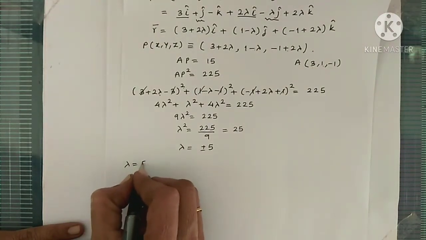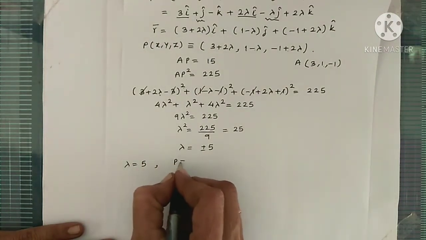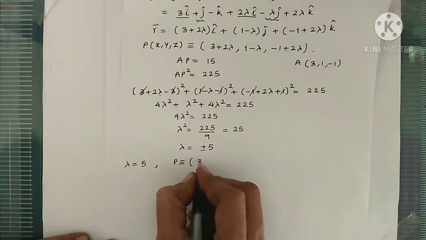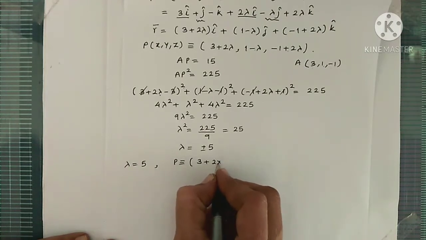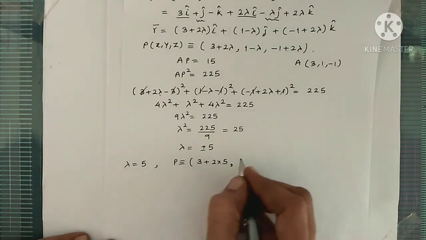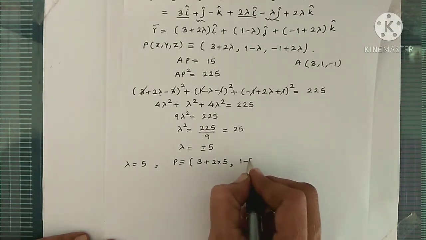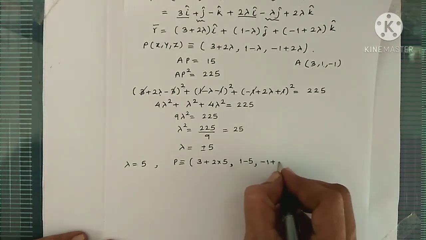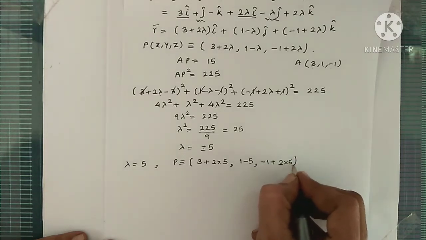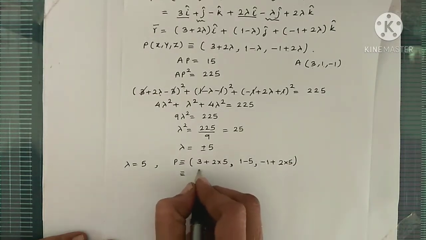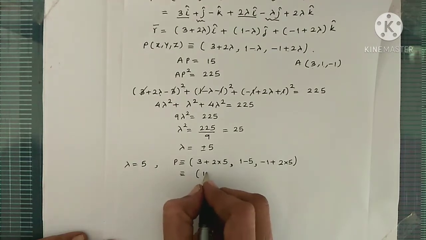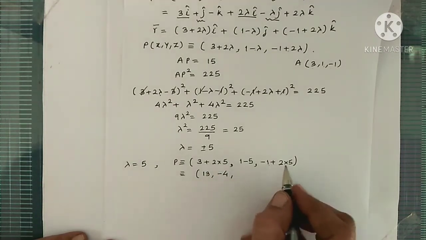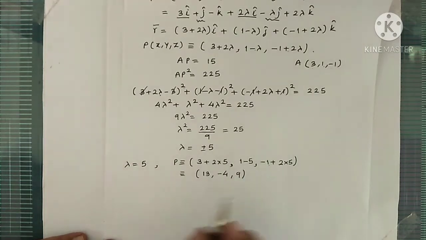If lambda equals 5, point P becomes 3 plus 2 into 5. The y coordinate is 1 minus lambda, that is 1 minus 5, and minus 1 plus 2 lambda, that is 2 into 5. Simplifying this, we have 3 plus 10, that is 13, 1 minus 5, that is minus 4, minus 1 plus 10, that is 9.